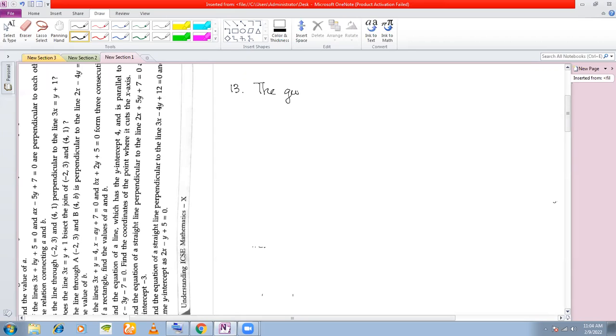The given equations of the straight lines are 3x minus 4y plus 12 is equal to 0. Let's call this 1. And 2x minus y plus 5 is equal to 0.